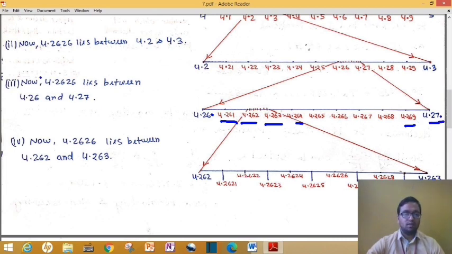We can say that our number 4.2626 will lie between 4.26 and 4.27, because think in your mind this is 26 rupees and it is a little more than 26 rupees. So this is between 26 rupees and 27. In this way you can imagine. Okay, now as you can see, we will again make a magnified view.